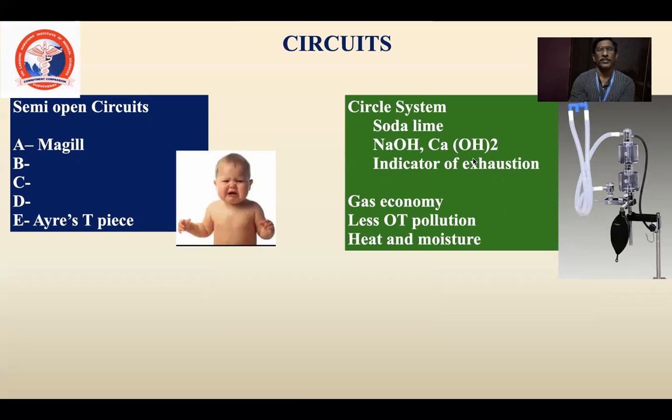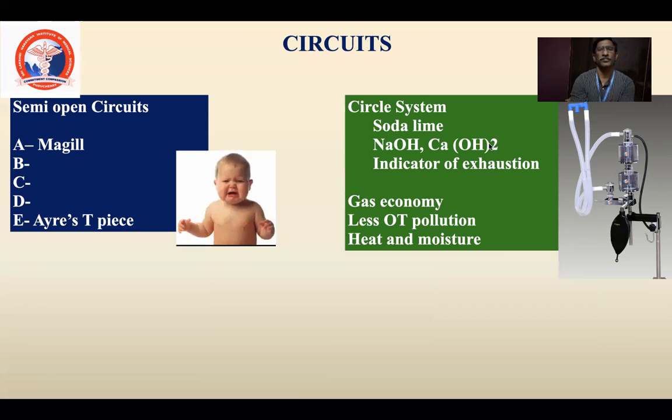So there is economy of gas, less OT pollution, and heat and moisture will be preserved. The soda lime will have an indicator of exhaustion, so that we know when we should change the soda lime, when it has been used for so long and is no longer effective. The indicator will give the information that the soda lime has exhausted its function.